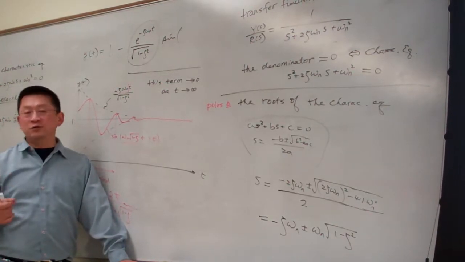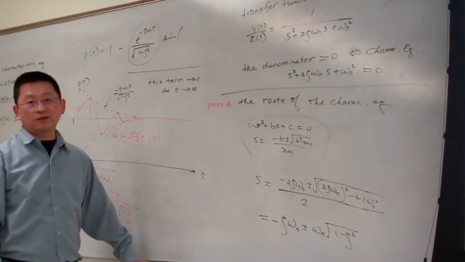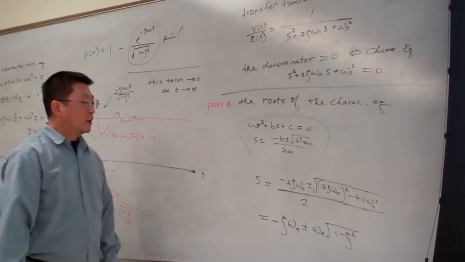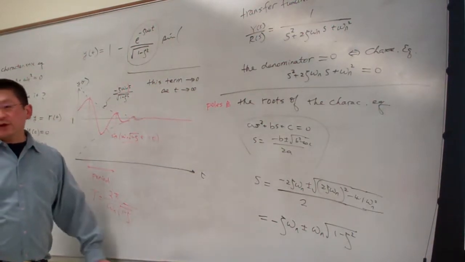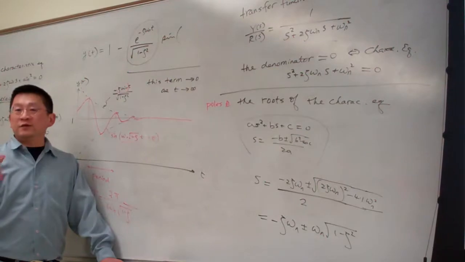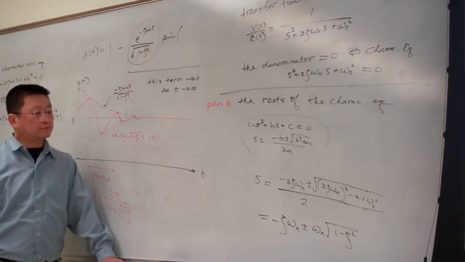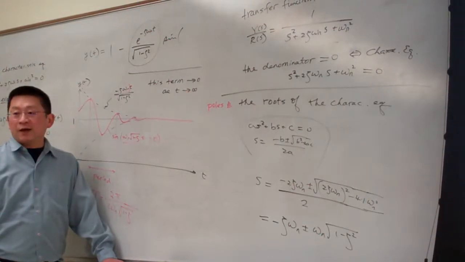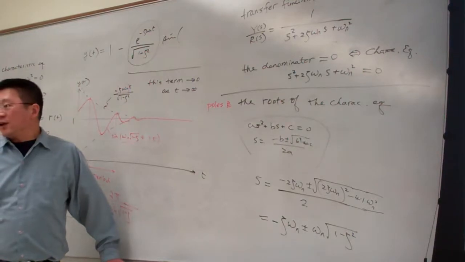Basically, the poles are the roots of the characteristic equation, nothing special. Okay? So basically here we have 2 poles. For second order differential equations, we have 2 poles. For third order differential equations, we have 3 poles, and so on. Okay, and up to this moment, any questions about the process?